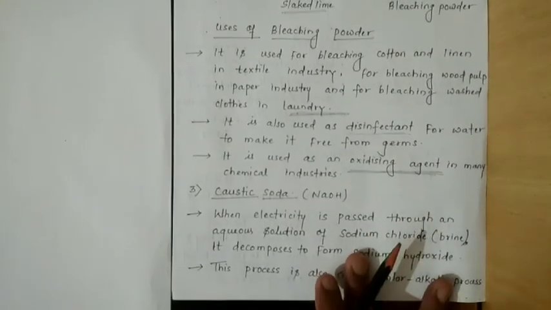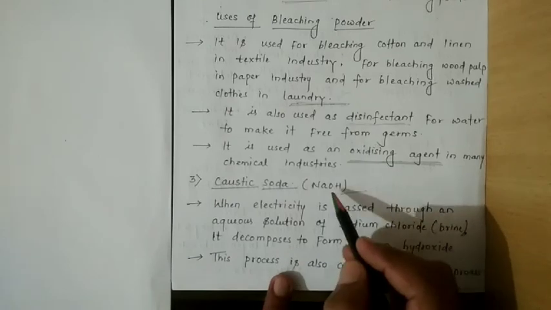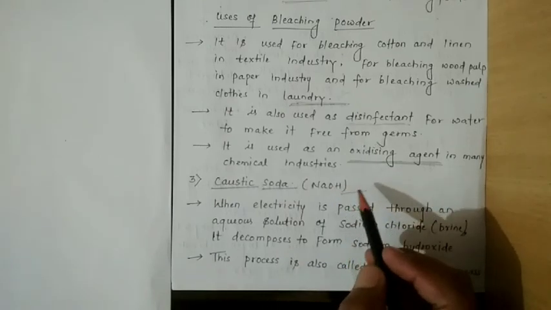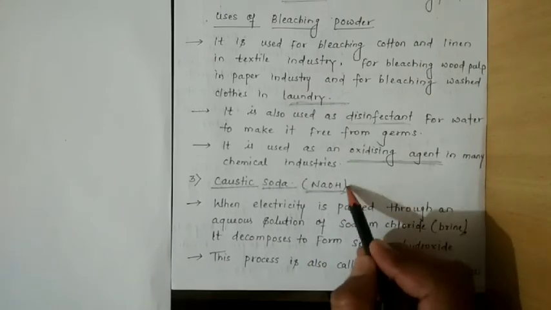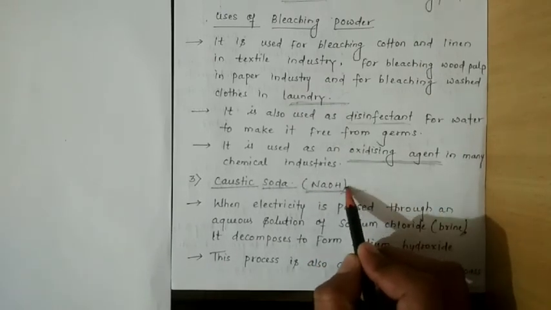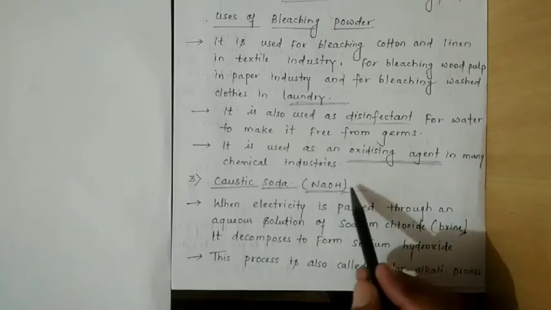Then after, caustic soda. Caustic soda is also known as sodium hydroxide. Its common name is caustic soda and sodium hydroxide is its chemical name. Now how is this sodium hydroxide formed?